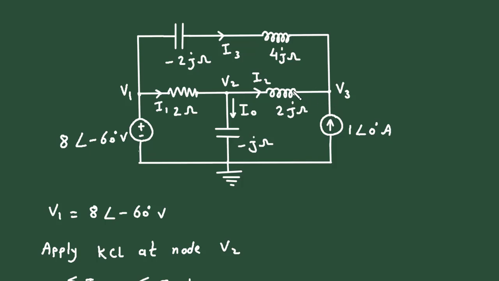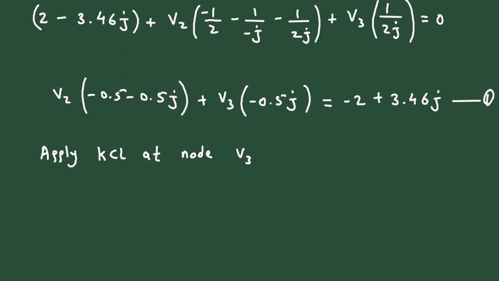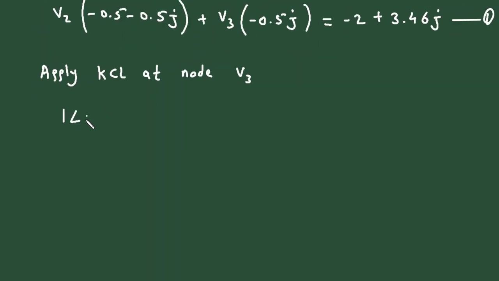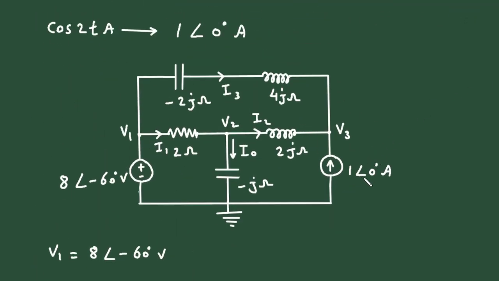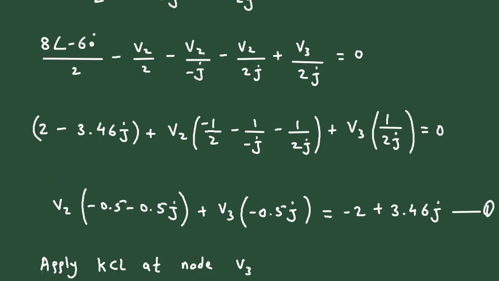Here the entering currents are 1 at an angle 0 degree, I2 and I3. 1 at an angle 0 degree plus I2 plus I3 is equal to 0. These are the three currents.